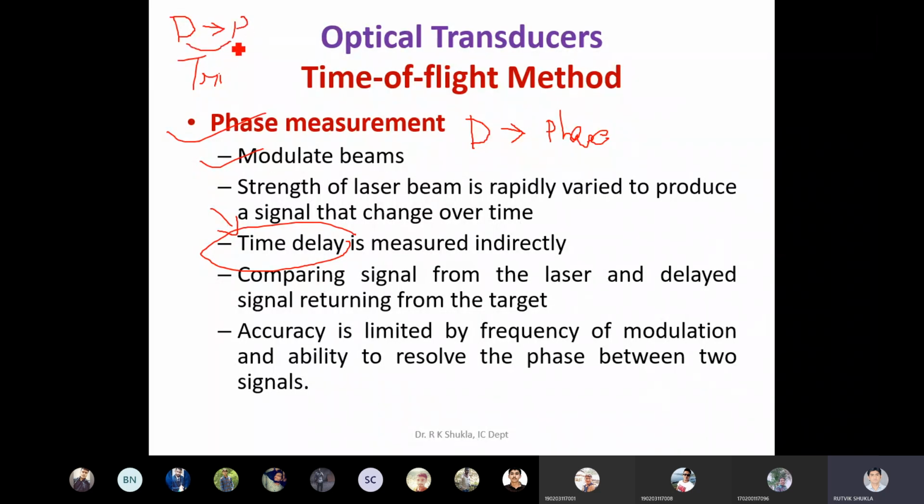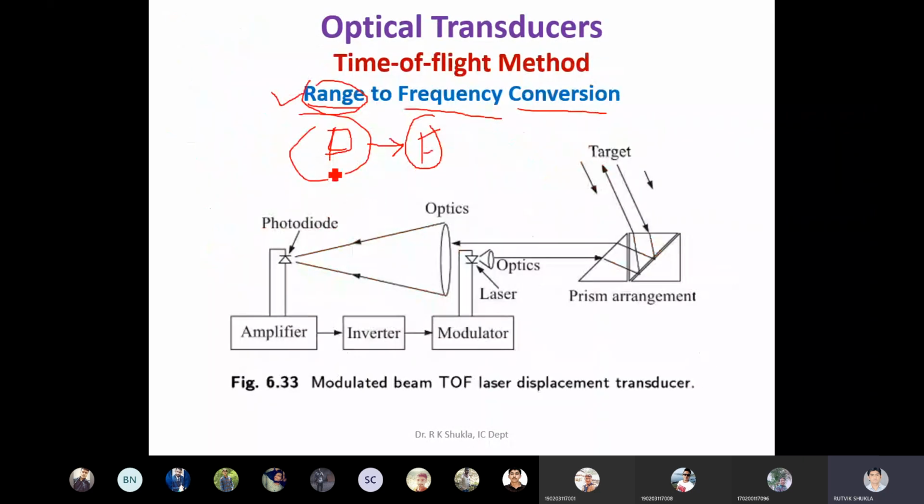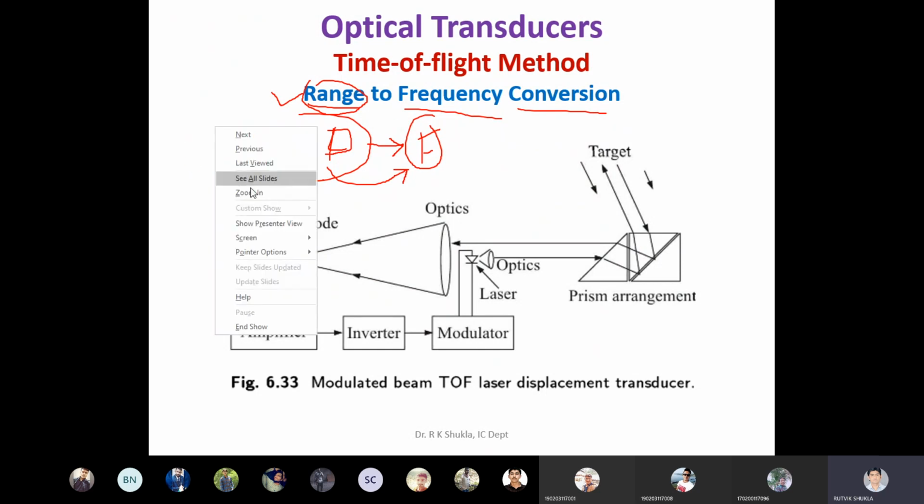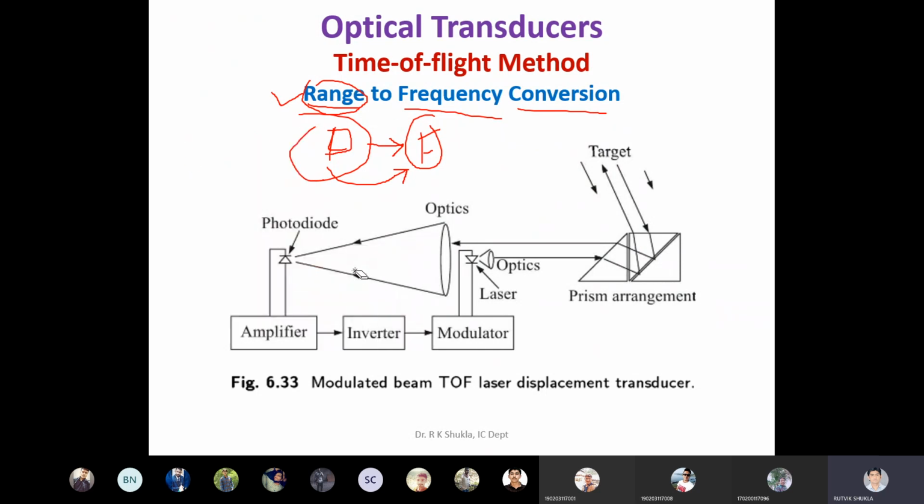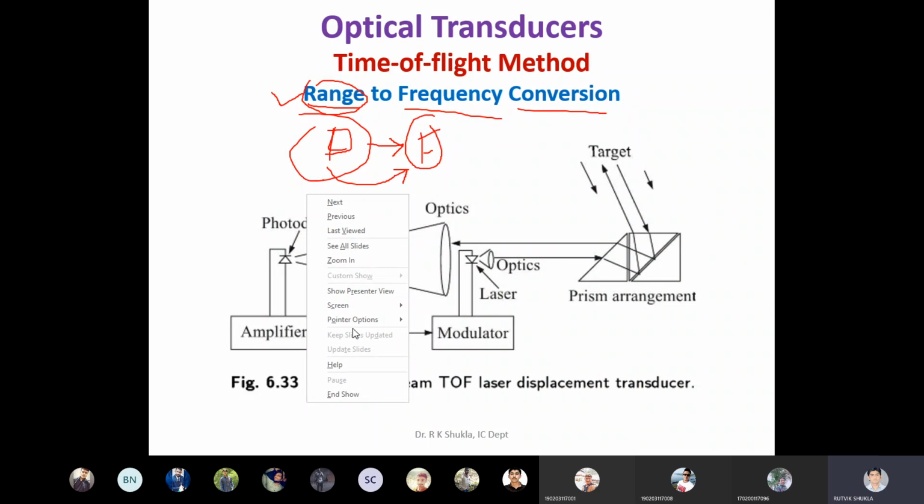Clear? So displacement is correlated with the position of the beam. Here the displacement is correlated with the phase difference between the two waves. And here the displacement is somehow correlated with the frequency. Clear? So this is the basic principle, or this is the method on which this particular solution is derived.